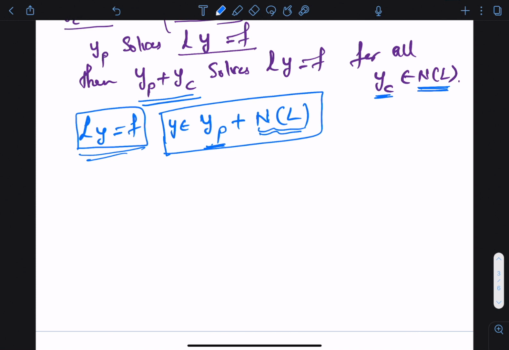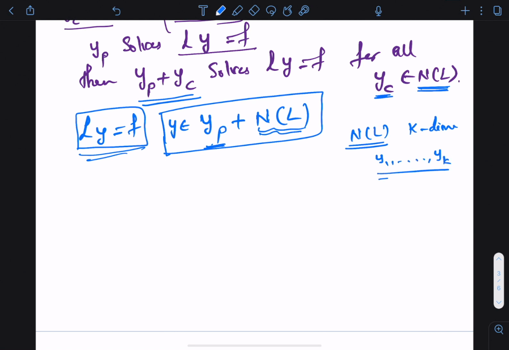Okay, so in other words, life has become much simpler because NL was k dimensional. So for a kth order operator L, NL is k dimensional. So to know all elements of NL, you just need to know k elements.